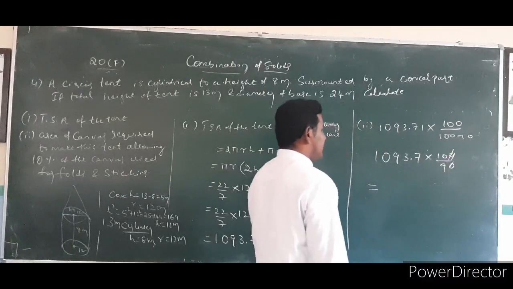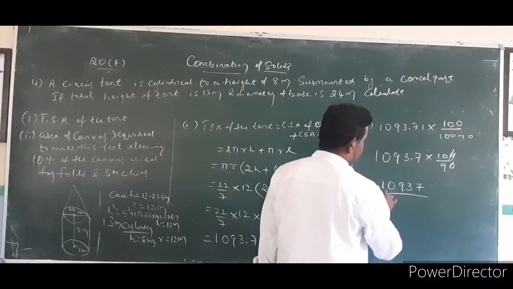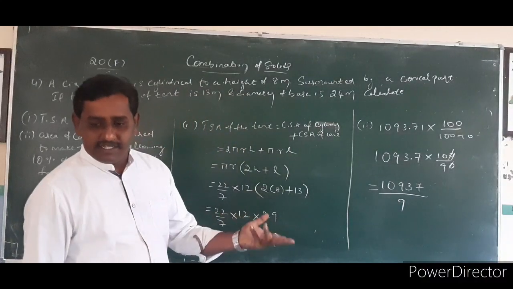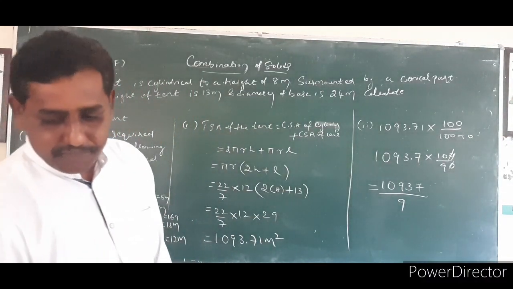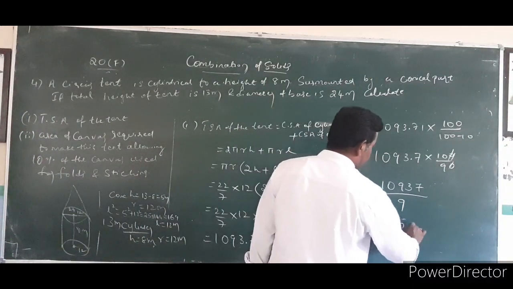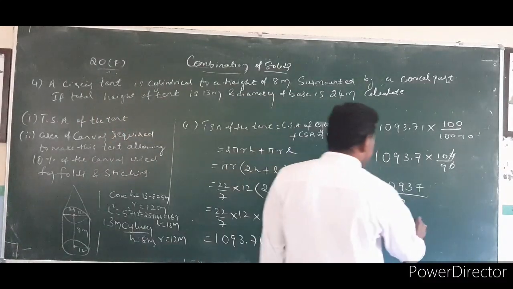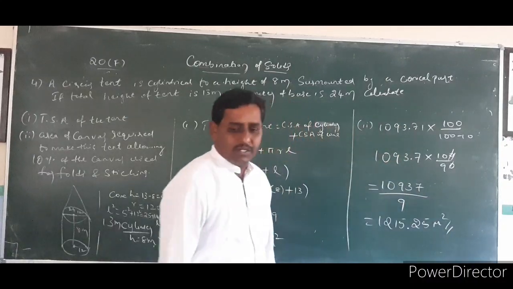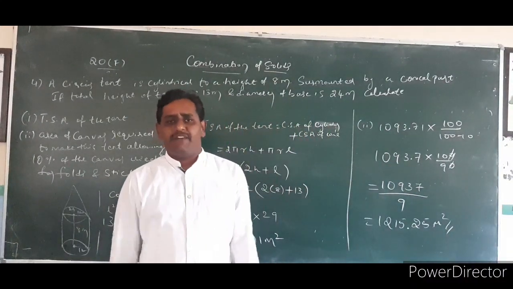If you multiply and cancel, you will get the answer 1215.25 meter square. So like this, many problems are there in your exercise 20F.